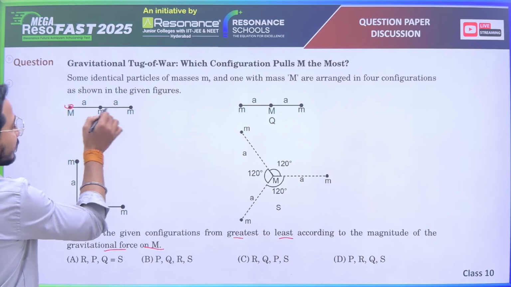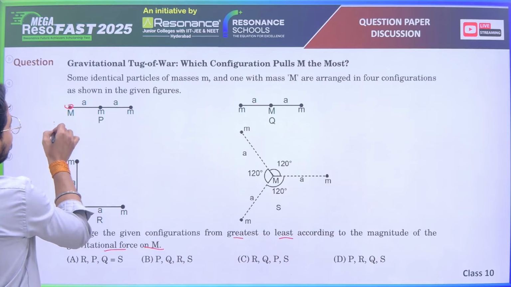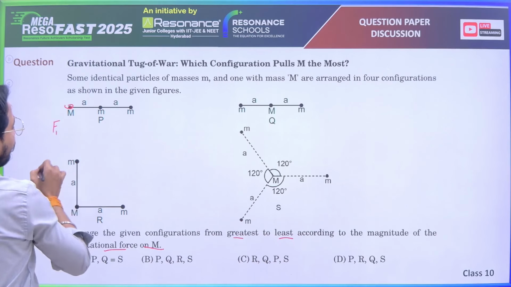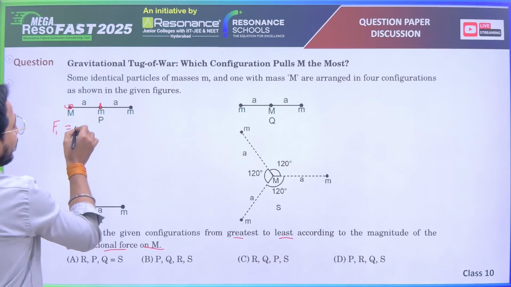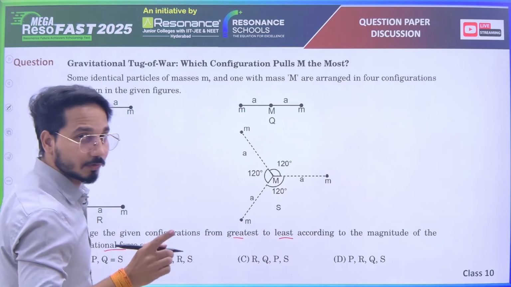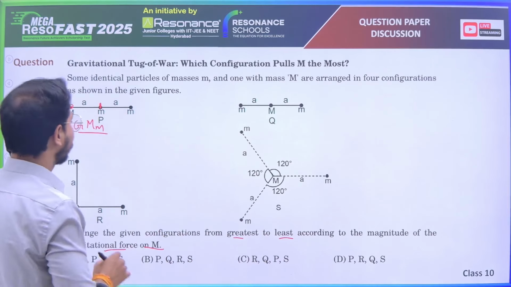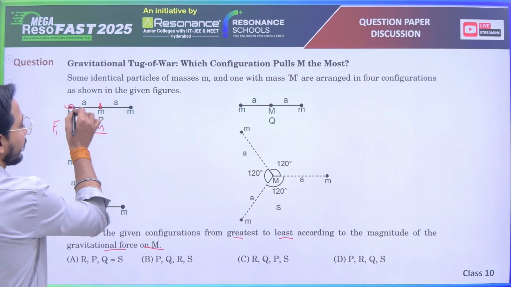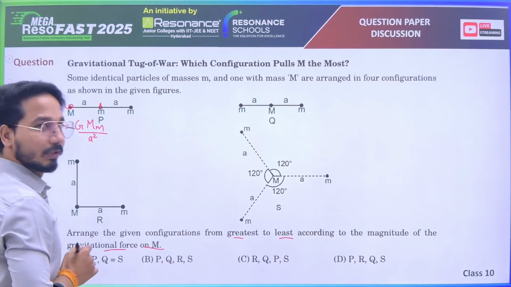So in the first figure, figure P, if we calculate the force on capital M, force F1 due to the first mass, it will be equal to, we know, G capital M small m by R square. We know the formula. So in place of R square, the distance is given as A, so I'll write over here A square, right?